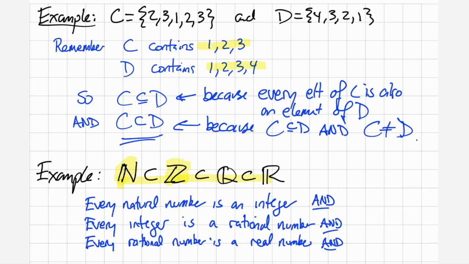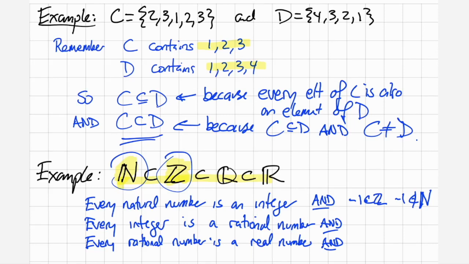So why are they not the same? Well, there's something that is in Z that's not in N. -1 is in Z, but -1 is not in N, so they are not the same. So every natural number is an integer, and there's something in Z that's not in N.